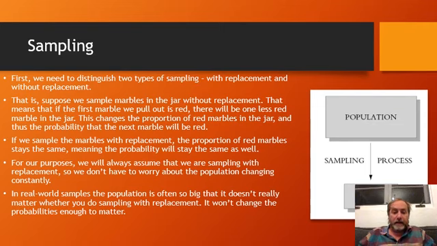It also translates to real world samples where you're not actually doing replacement, but the population is so big and the sample size is so big that it doesn't really matter.